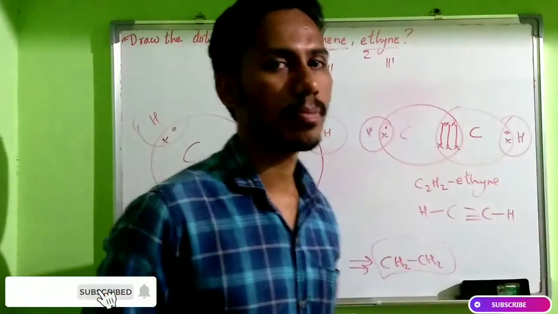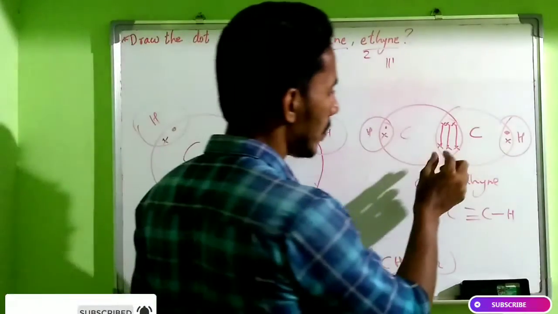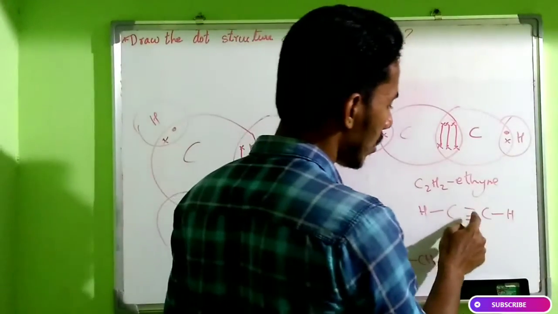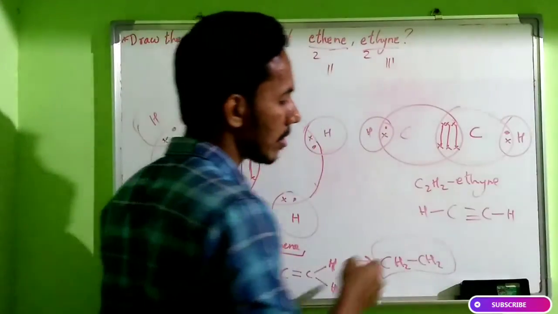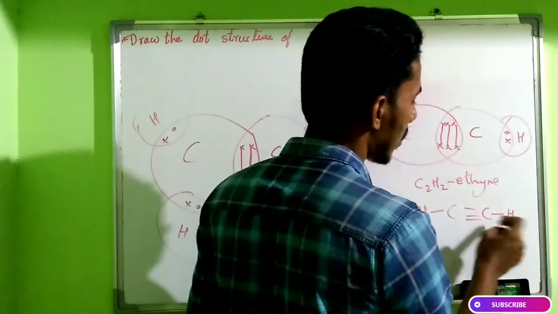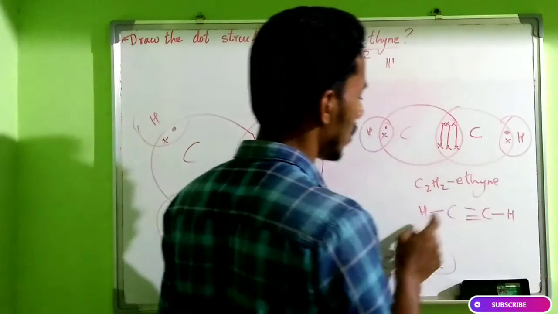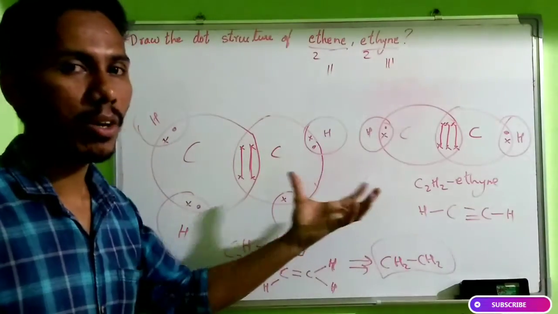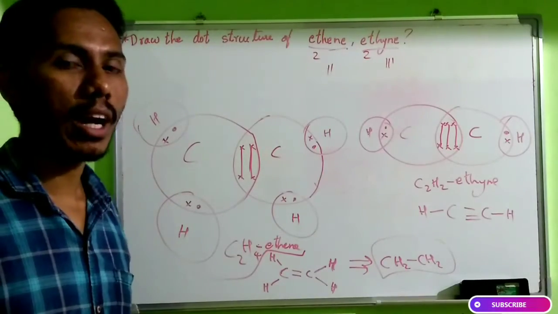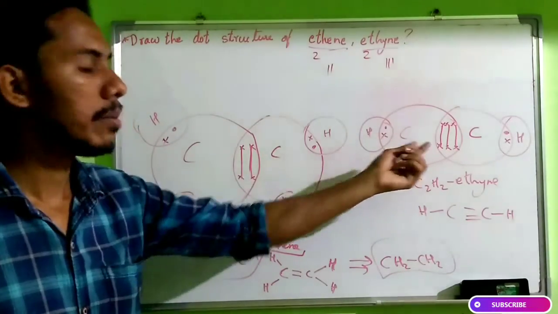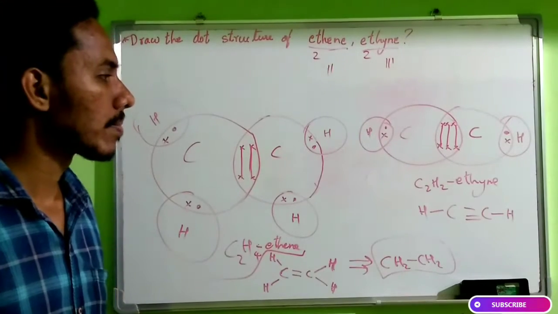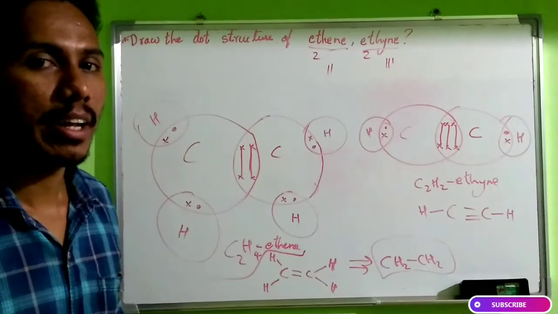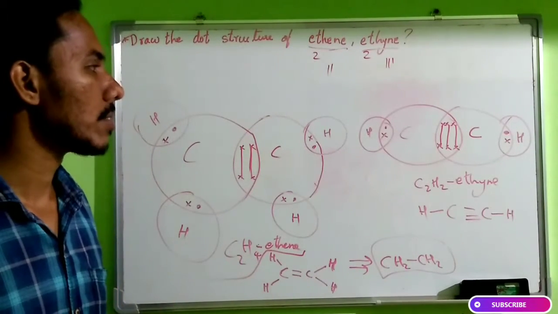So this valence electron can also be obtained from this C, 1, 2, 3, 4. Valency 1, 2, 3, 4. This carbon atom 1, 2, 3, 4. This hydrogen atom 1. So it is saturated. These two compounds are examples of unsaturated compounds because they contain a double or triple bond. This is the way of drawing the structure of saturated and unsaturated compounds.